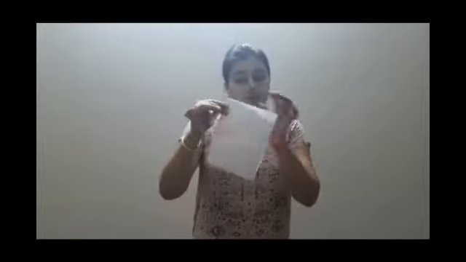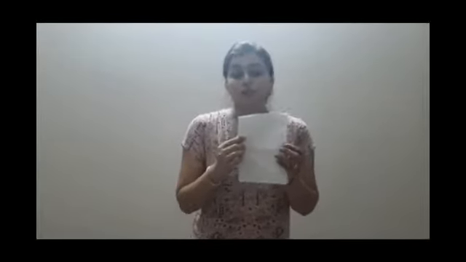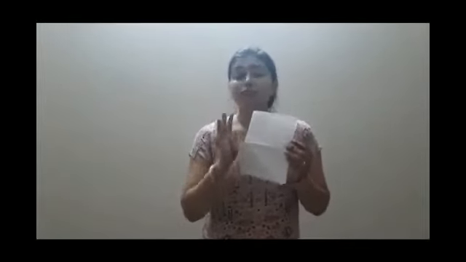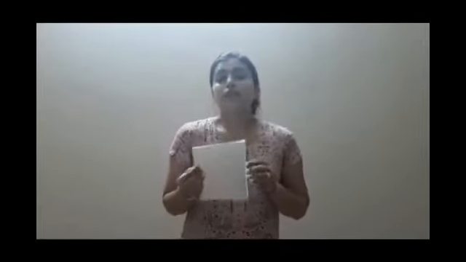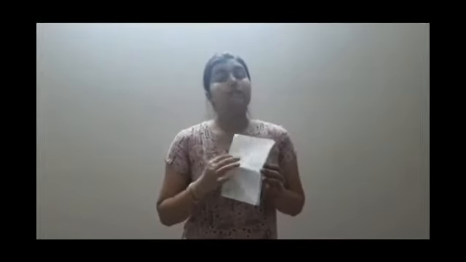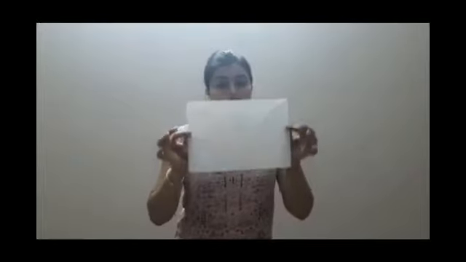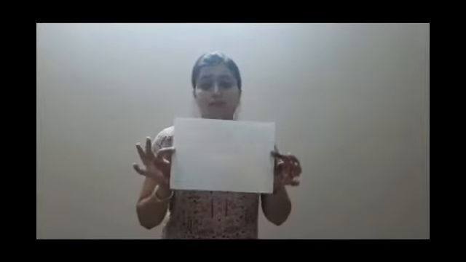When I fold it, I observe that the first part is completely overlapping the second part, or I can say the first part completely covers the second part. If any shape, when you fold it, completely overlaps, the 2 parts completely overlap, then we can say that that shape is symmetrical. Means that rectangular sheet is symmetrical.